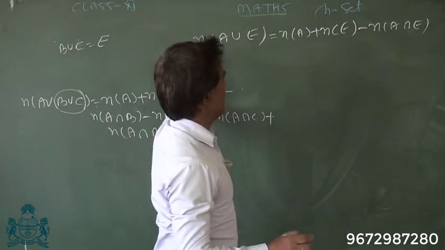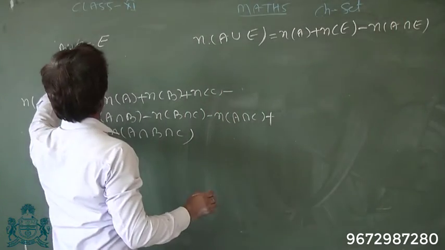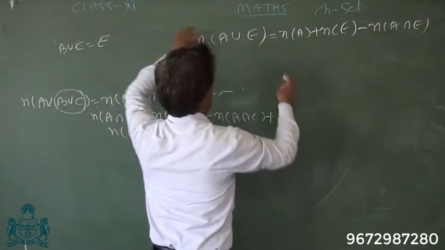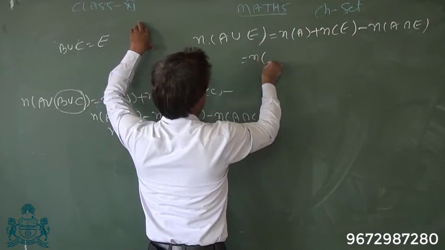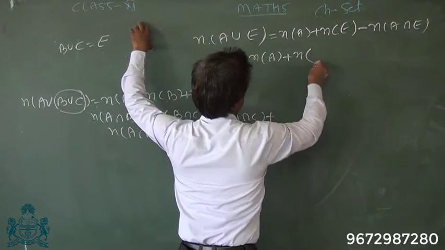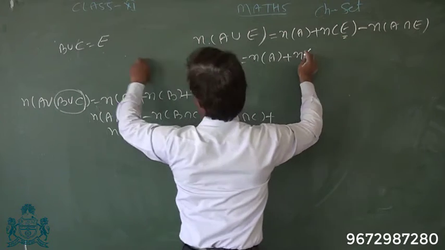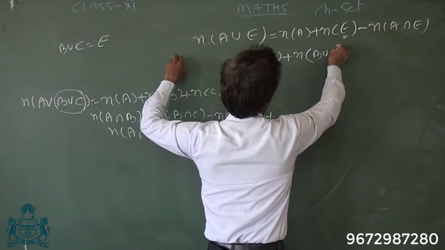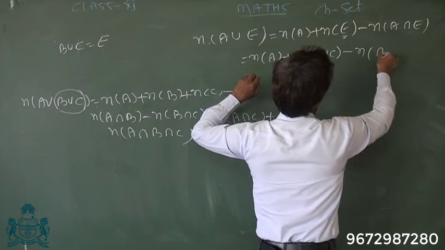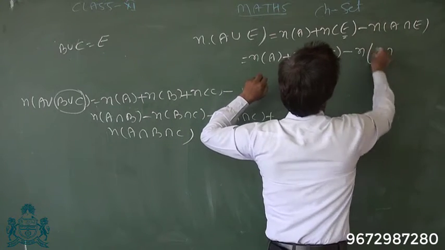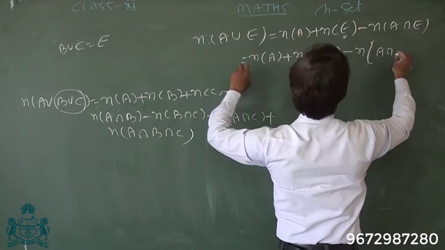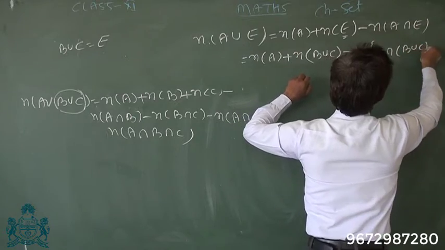Now we substitute the value of E equals B union C in this formula. What do we get? It equals n(A) plus n(B union C) minus n(A intersection (B union C)). Okay.